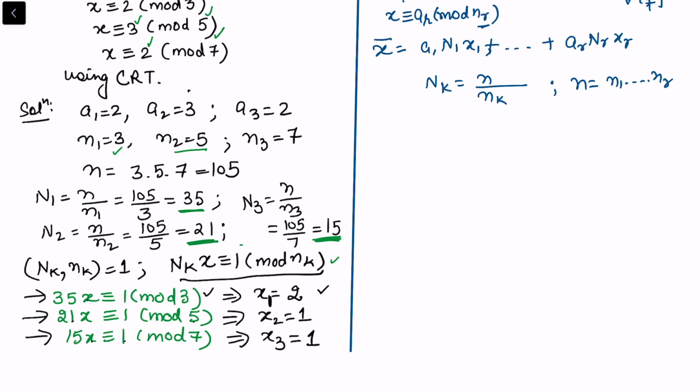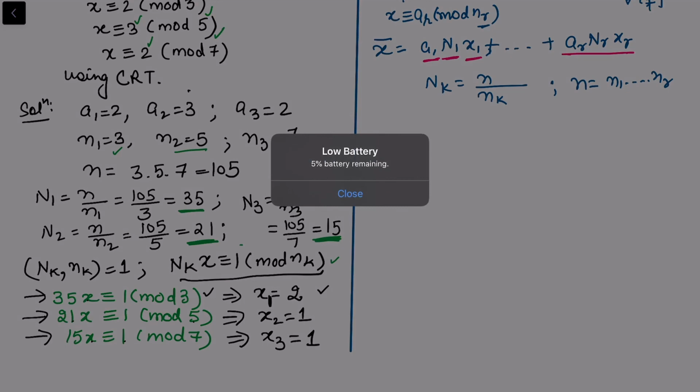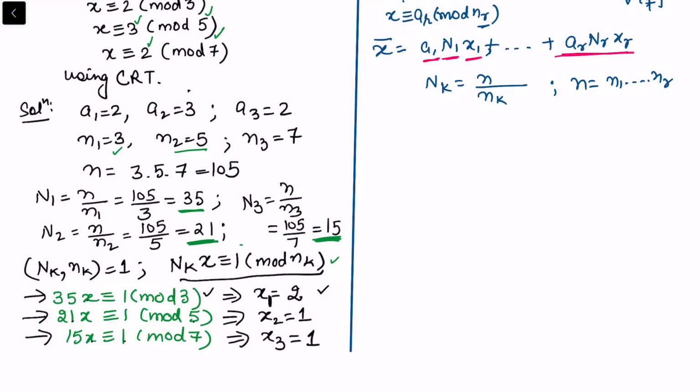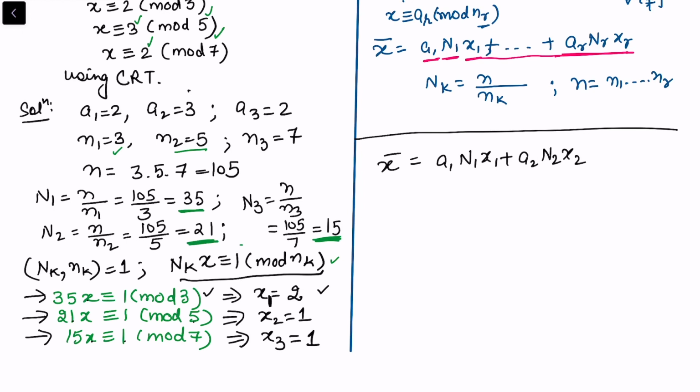So in the formula we know a1, we know N1, and we also know x1, so we know the whole term. So we can now construct x bar, the simultaneous solution: a1 N1 x1 plus a2 N2 x2 plus a3 N3 x3.